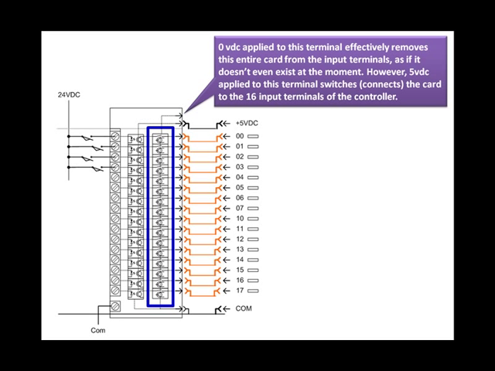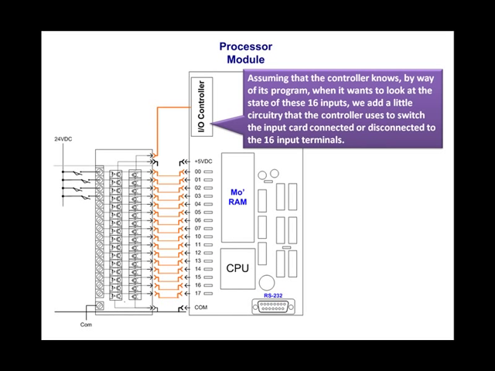Assuming that the controller knows, by way of its program, when it wants to look at the state of these 16 inputs, we simply add a little circuitry that the controller uses to switch the input card connected or disconnected to the 16 input terminals. So to repeat that, the CPU, by way of the program, knows when it wants to see the state of those 16 inputs.